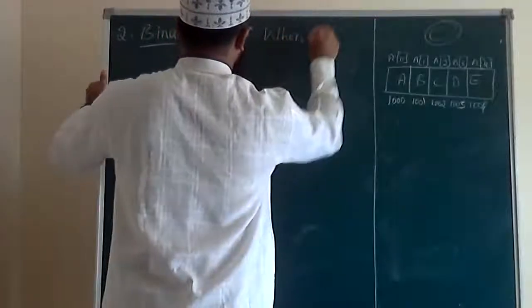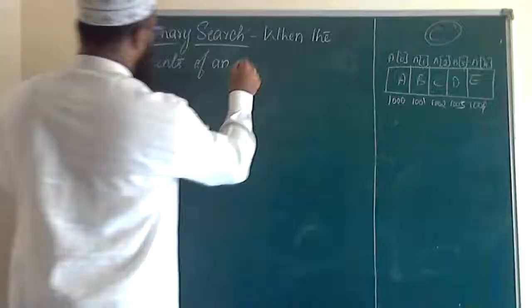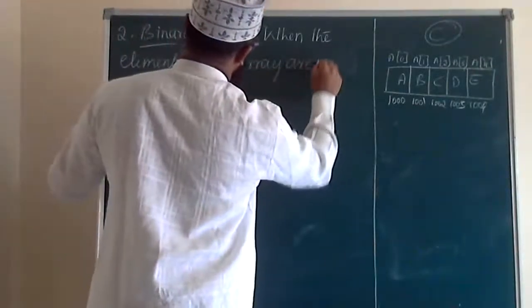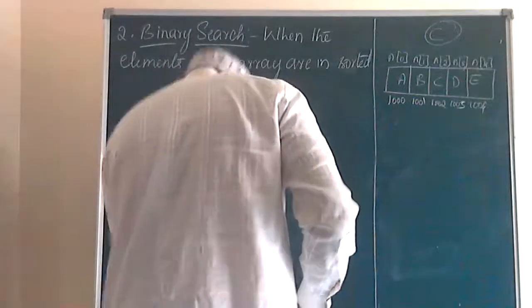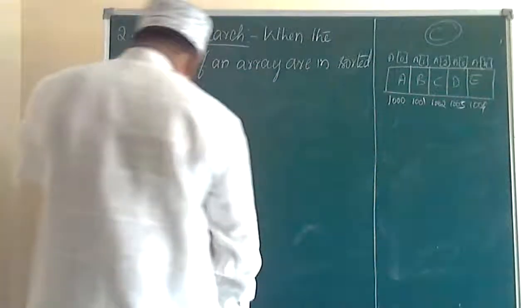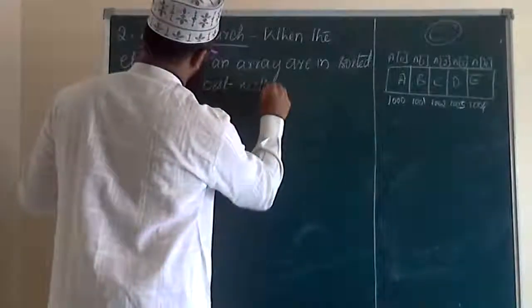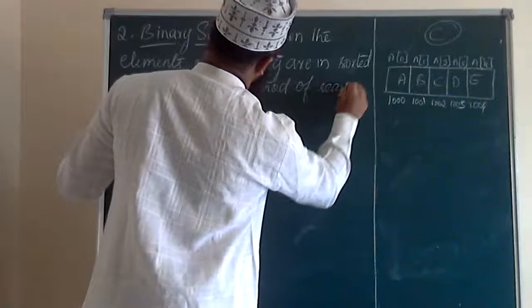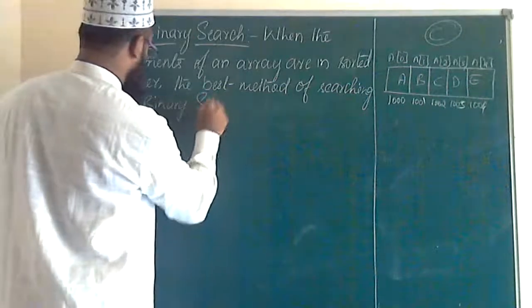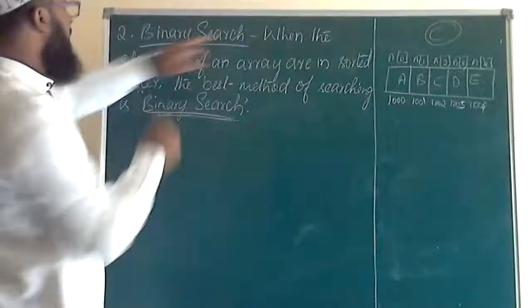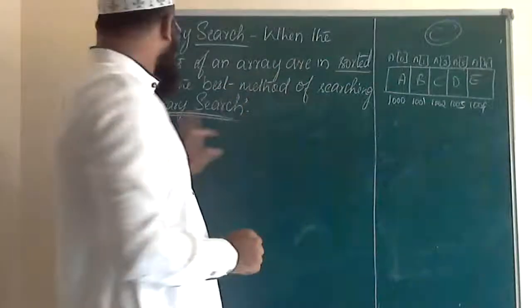When the elements of an array are in sorted order, at that time the best method of searching is binary search. Remember this.